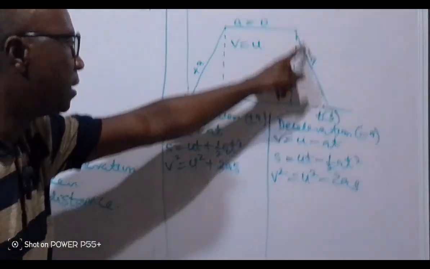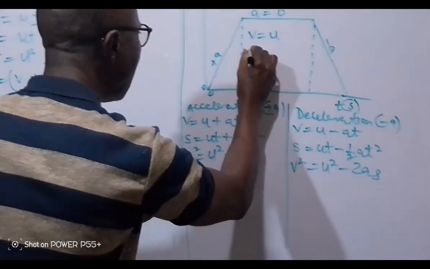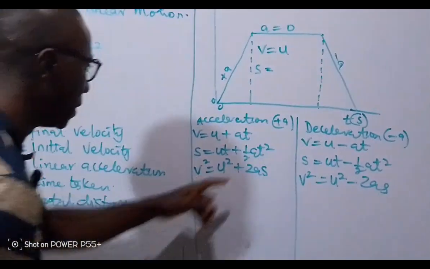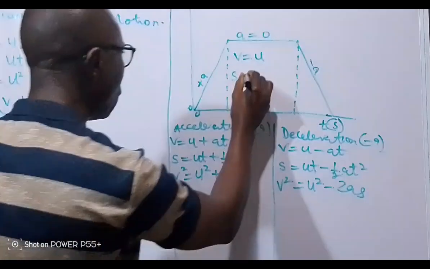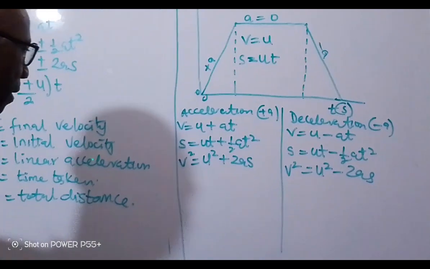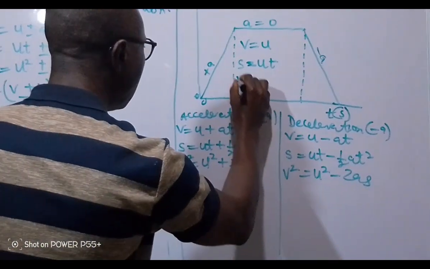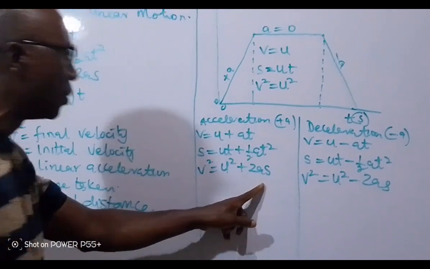Equation 2 will be S equal to, since A is equal to 0, all this term will be equal to 0, so we have S is equal to UT. The third equation will be V square is equal to U square, since A is equal to 0.